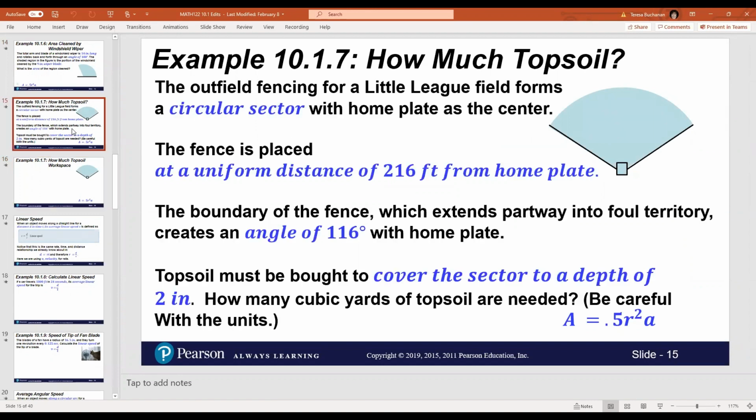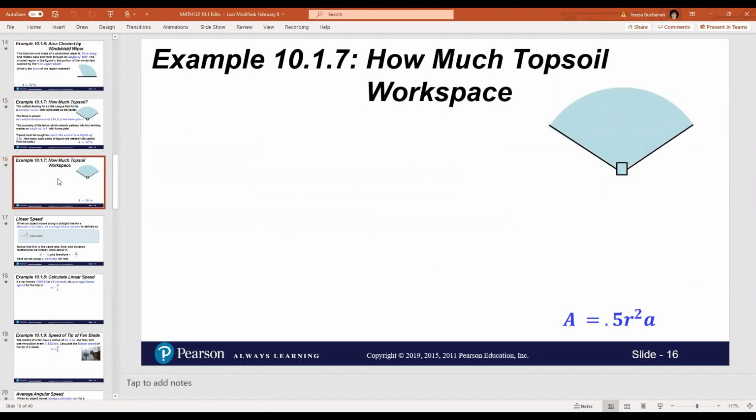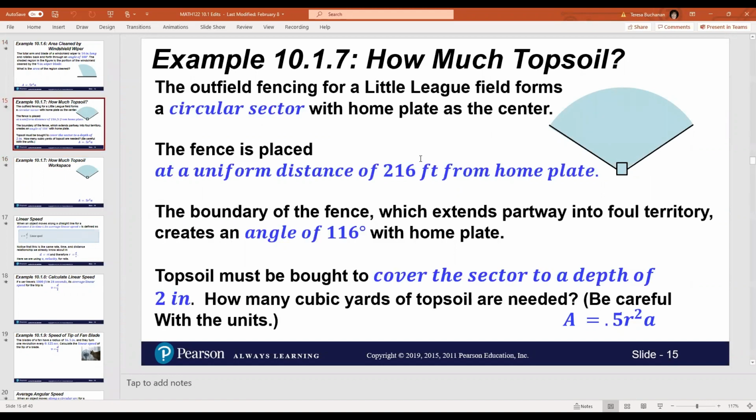Here's another interesting one. I've given you some workspace because this is kind of a big one. So we've got outfield fencing for a Little League field, and the fencing, of course, forms a circular sector with home plate as the center.